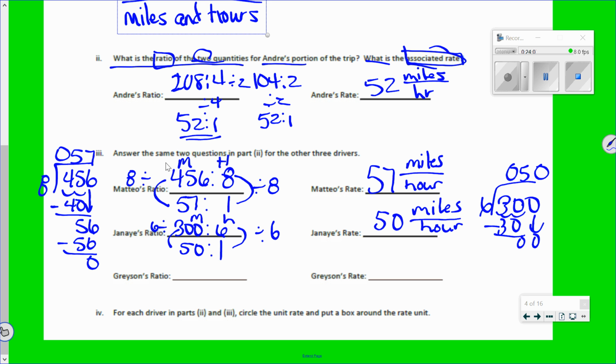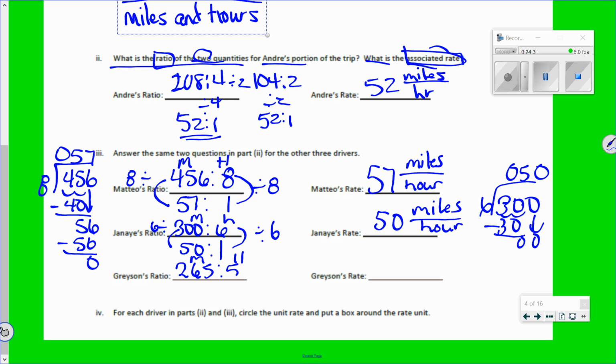All right, what was Grayson's ratio? Lily? 265 to 5. Okay, what does 265 represent? Miles. And the 5 represents the hours.